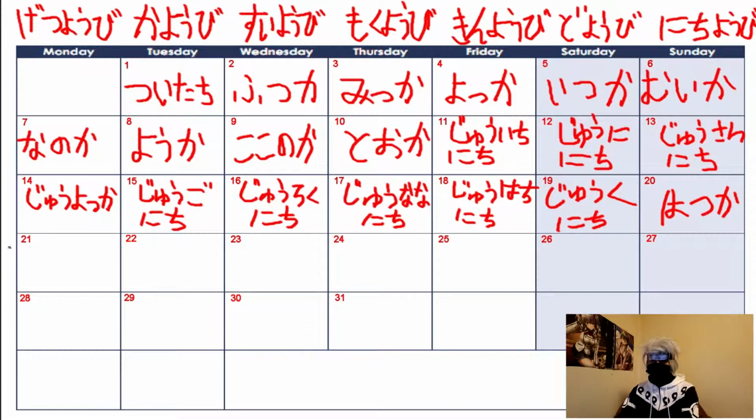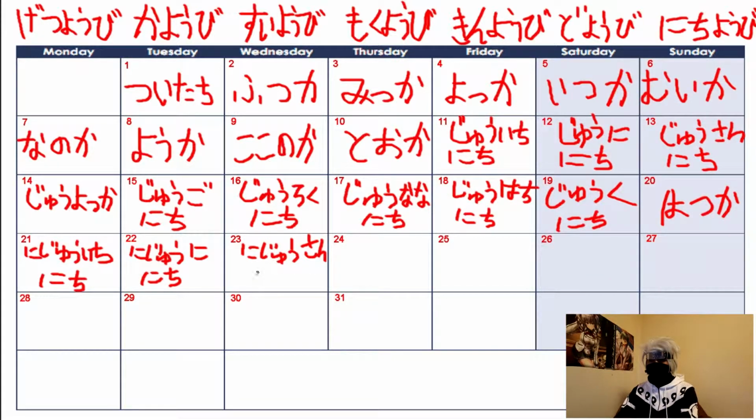20. Then 21 is 21 nichi. 22 is 22 nichi. 23 is 23 nichi.